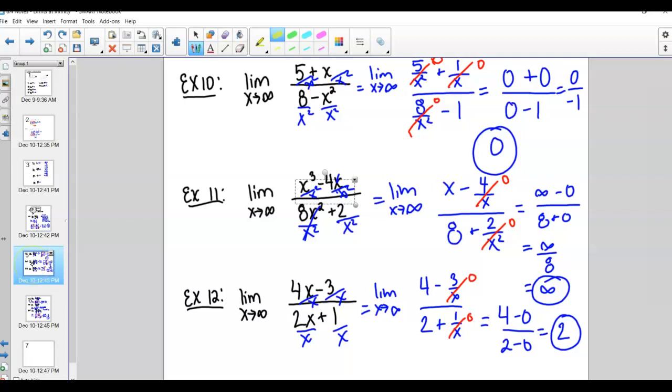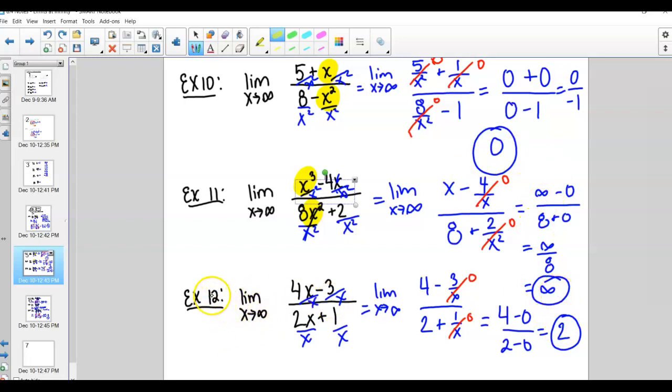For 10, I had my highest exponent on the bottom. I got an answer of 0. For 11, I had my highest exponent on the top, and I got infinity.